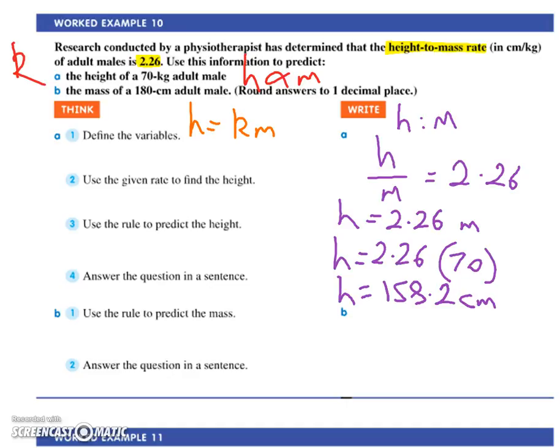So the next one is now saying the mass, that's what we've got to find, of a 180 centimetre adult male. What do we got? We're actually given the height, 180 centimetres, equals 2.26 M. How do we find M?